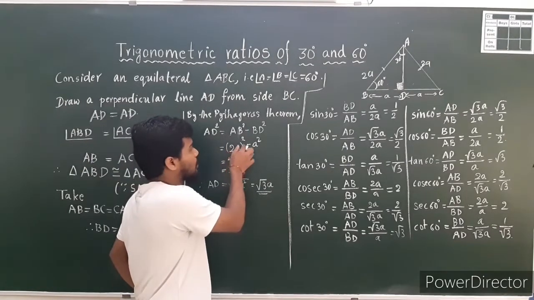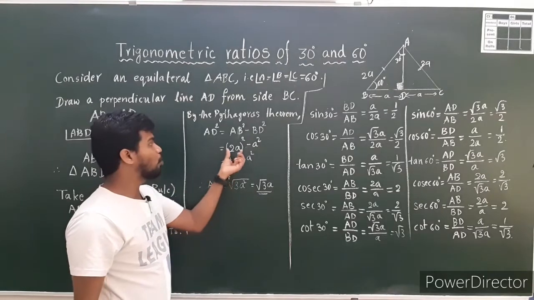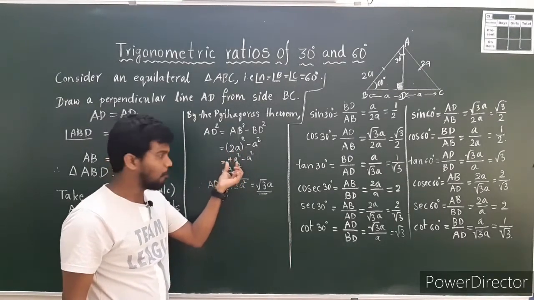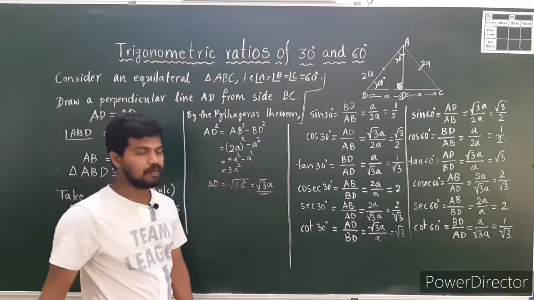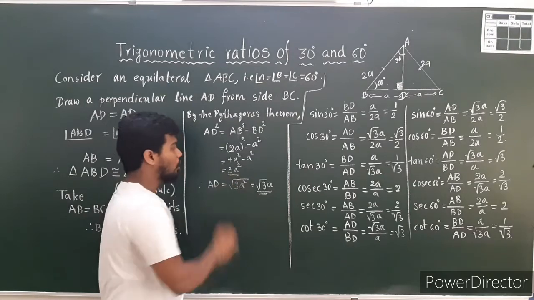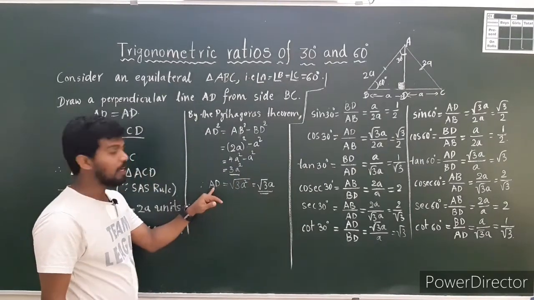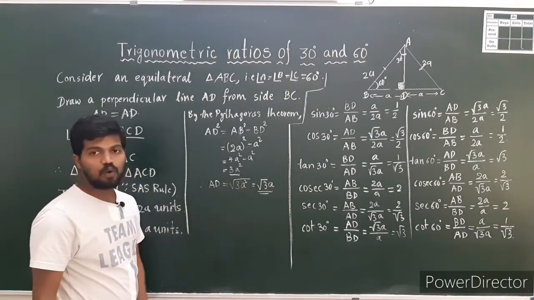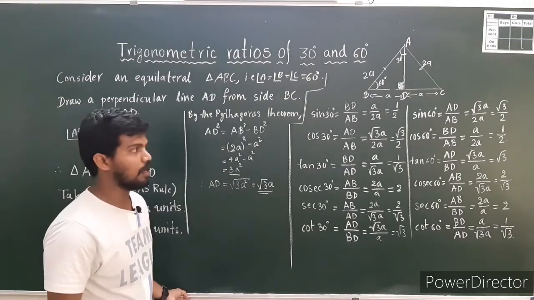You have 2A square and BD that is A square. So 2A into 2A you get 4A square, and A square as it is. So 4A square minus A square you get 3A square. So take the square root. You get AD is equal to root 3A square, and you take A outside, you get root 3 A.